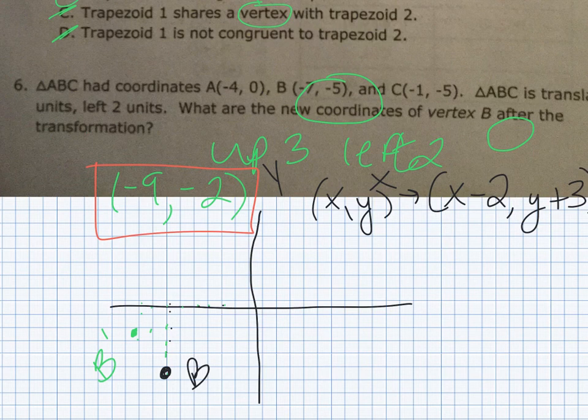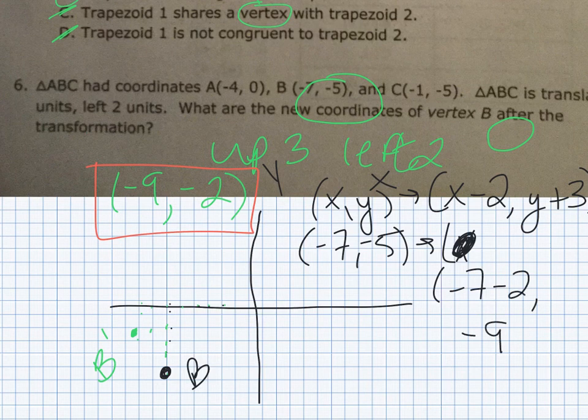So then I take my original point, -7, -5, map it to x, oops, my x is -7, sorry, -7 minus 2, which is -9, and then my y is -5 plus 3, which is -2. So you can do it that way, or you can always graph it, just draw it.